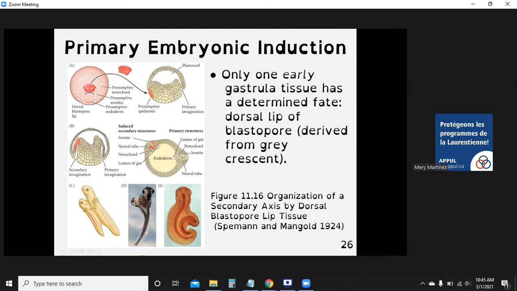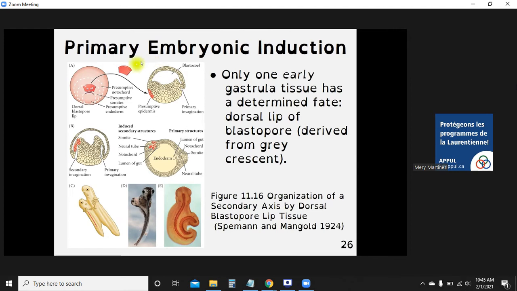Another gastrula. And we know that it's a gastrula because we see here the initial invagination. So this is where the dorsal lip of the blastopore of this gastrula is, okay? So the implant not only continued as the blastopore lip, but also initiated gastrulation and embryogenesis in the surrounding tissue.